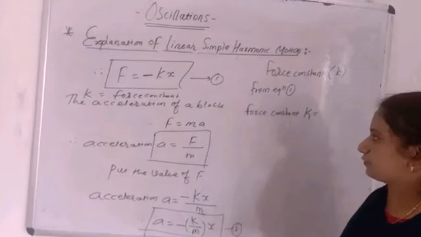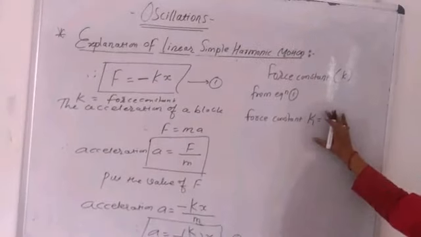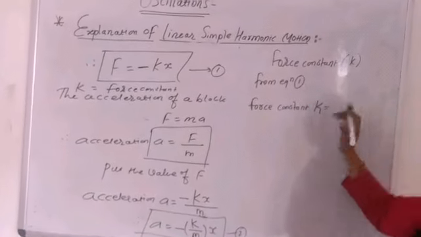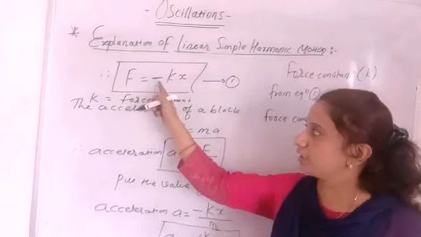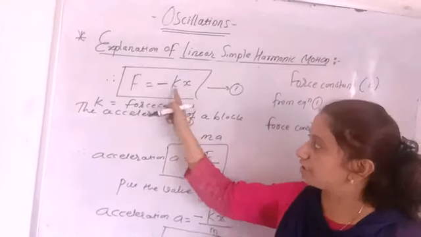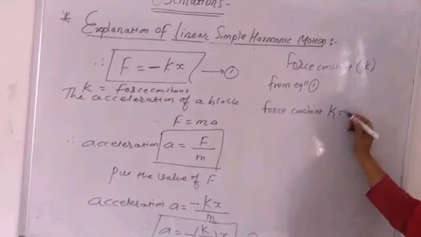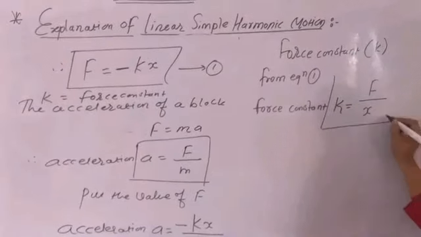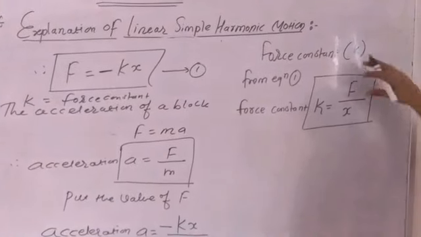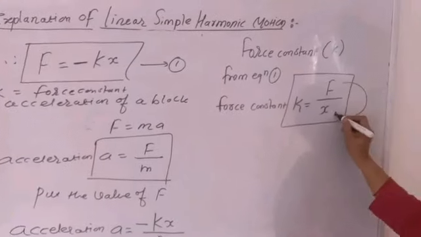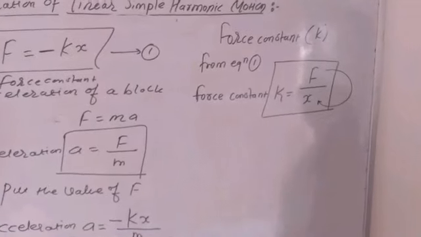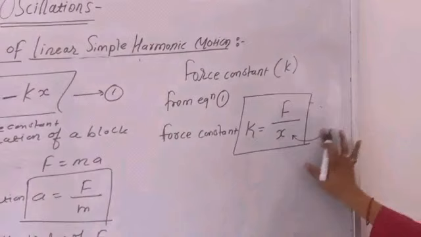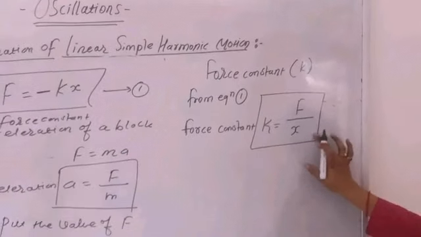K equals, we take the magnitude. When we take the magnitude, we remove the negative sign. So the force constant K will be F by x. That is, the force constant K is the restoring force per unit displacement. The formula of the force constant K is F by x.